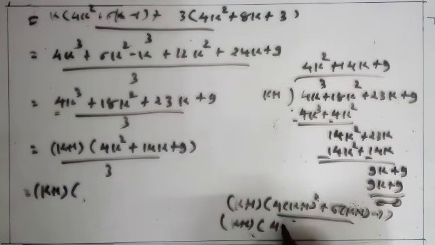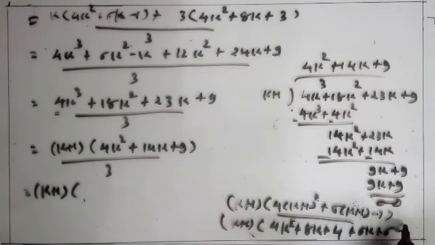Take 4 inside, so 4k square plus 4 into 2k, that is 8k, plus 1 into 4, that is 4, plus 6k plus 6 minus 1. Clear? We want to get these terms. So 4k square, here 8k plus 6k becomes 14k.